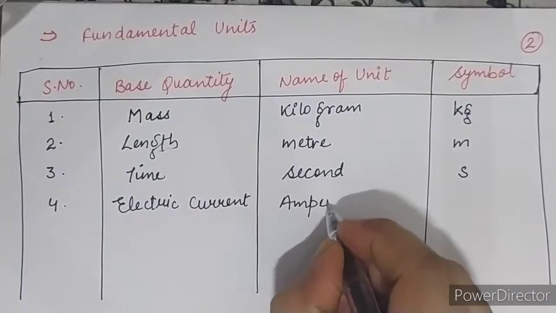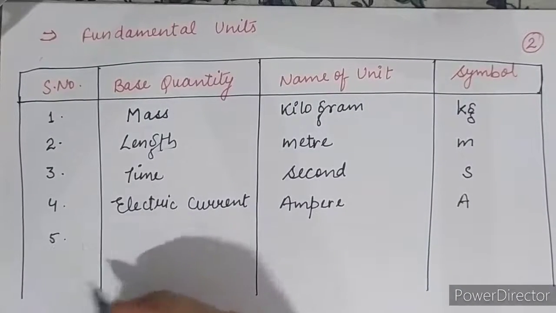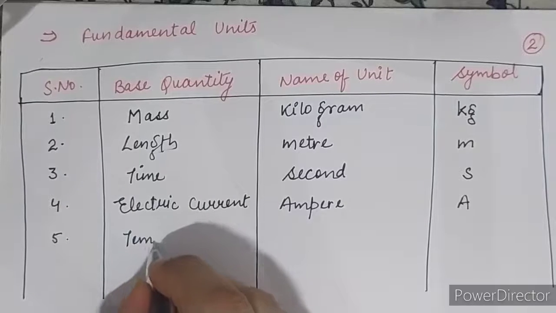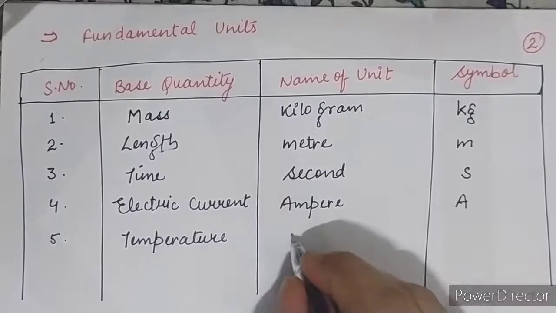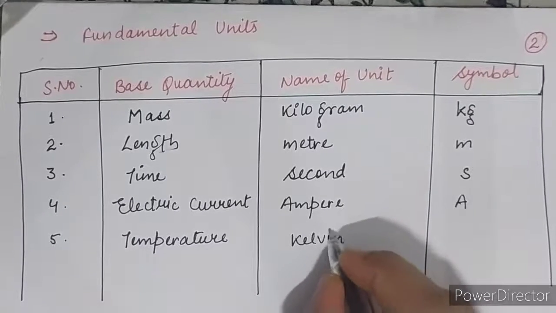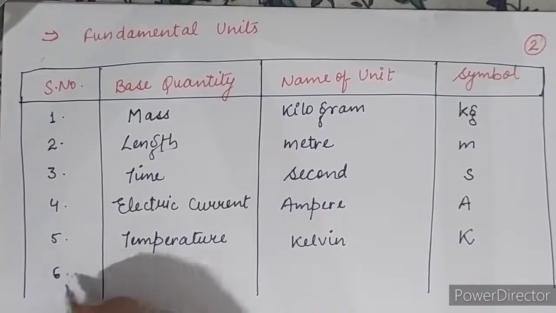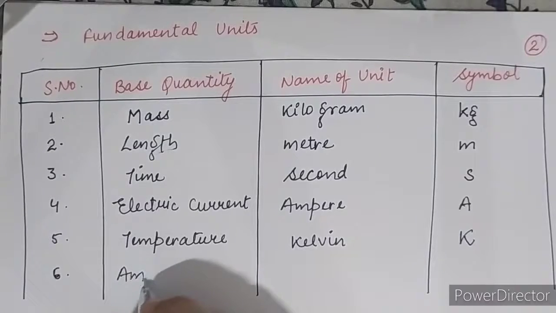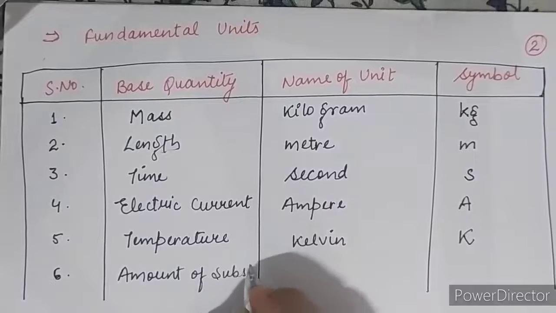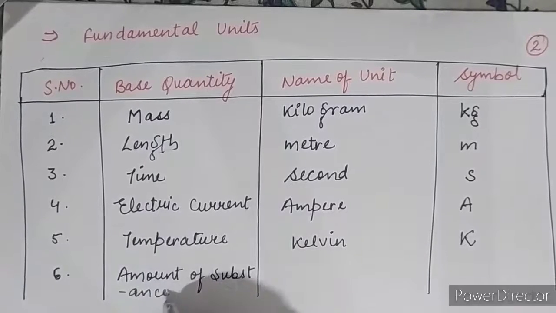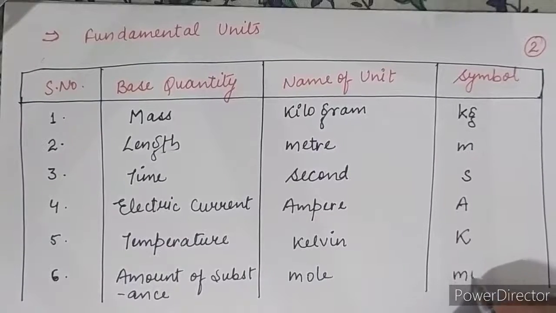In your 10th standard it comes, ampere, symbol is capital A. Fifth one is temperature, its unit is Kelvin, denoted by capital K. Sixth is amount of substance, so the unit is mole, the symbol is mol.